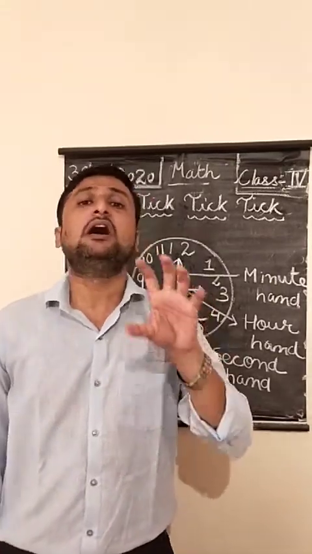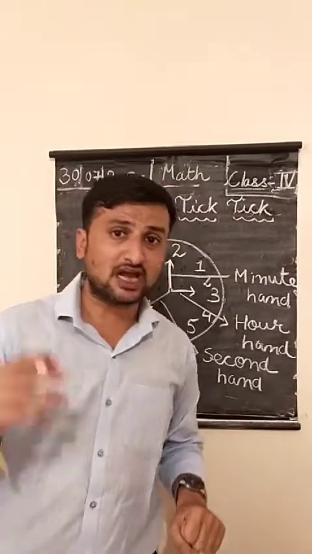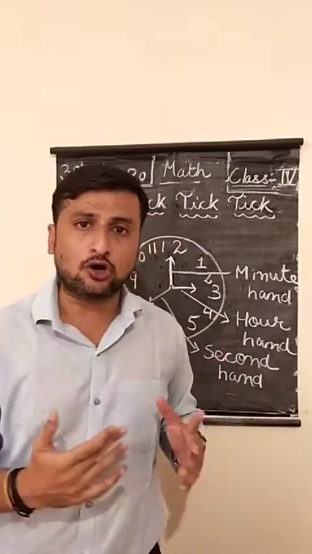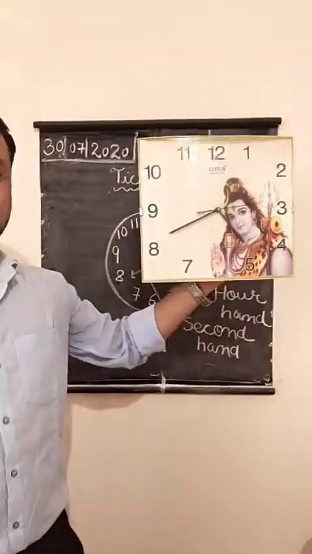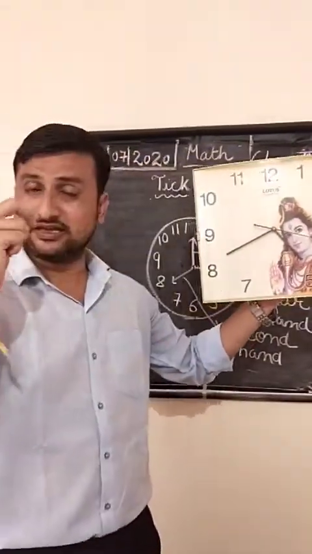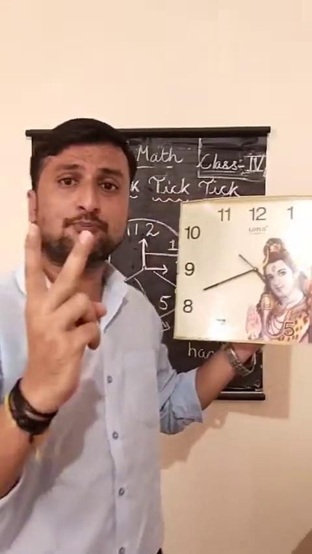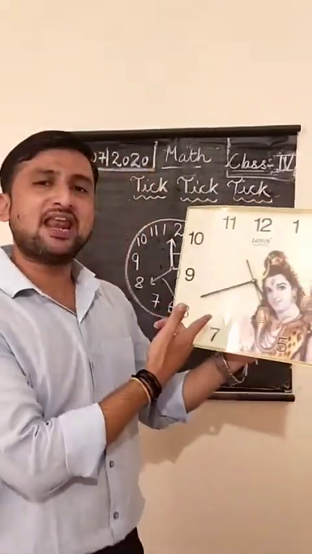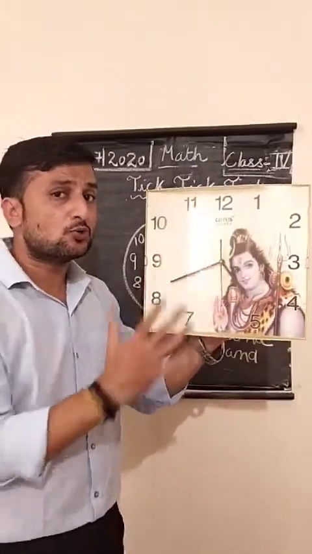Now I will ask you to tell me the time. I will use a clock for that. I will teach you how to read the time on a clock. Okay, see, now what is in my hand? You are seeing an analog clock. In the beginning of this session, I told you there are two types of clocks. One is the digital clock and the second one is the analog clock. See, now I am going to teach you how to read the time.